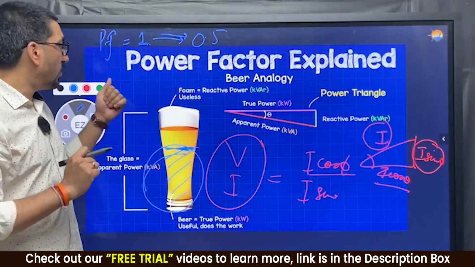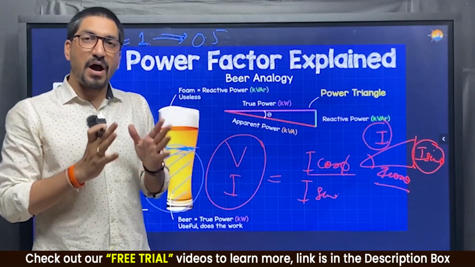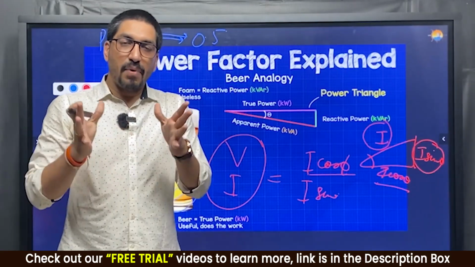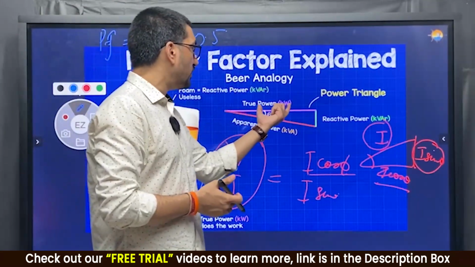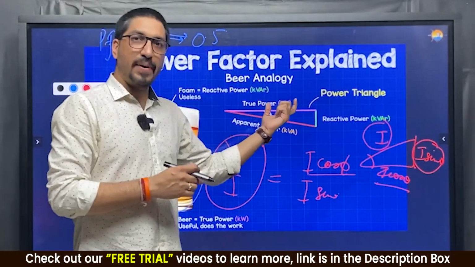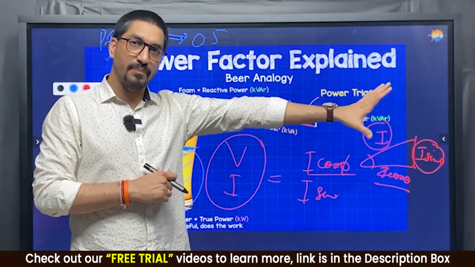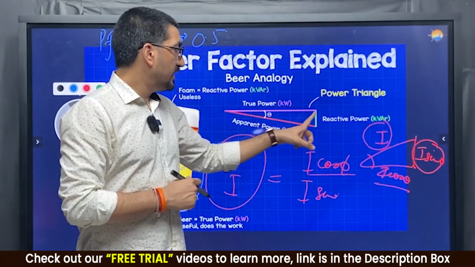So what is happening is, what is the limitation? If the power factor is really bad, my alternator size has to be made bigger to compensate for this kilowatt, because kilowatt is dependent upon the load on the system. This is dependent upon the load.